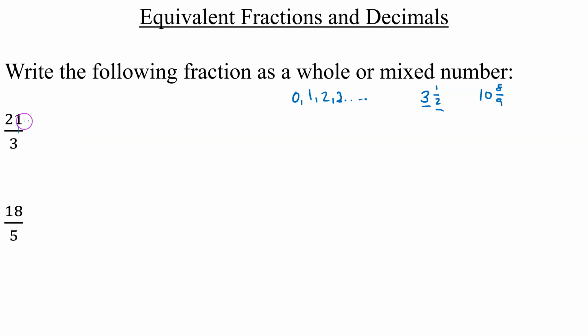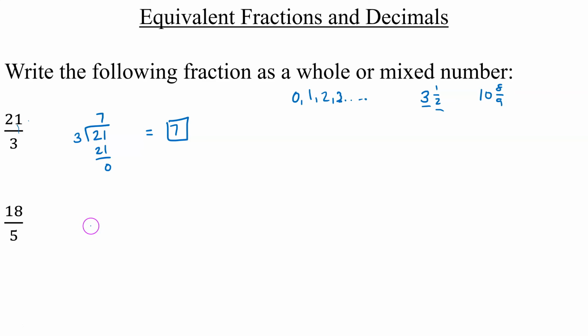If we are going to change this into a whole or mixed number, all we have to do is division. 21 over 3 means 21 divided by 3. So I'm going to rewrite this like this. And we see that 3 goes into 21 7 times. 7 times 3 is 21 with no remainder. So 21 over 3 would be a whole number of 7.